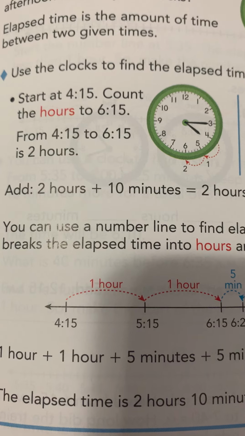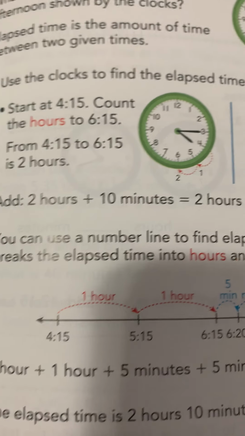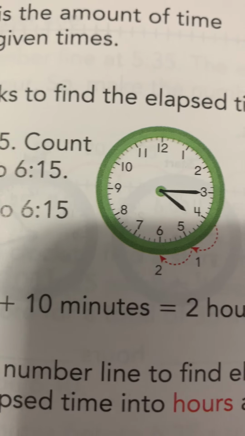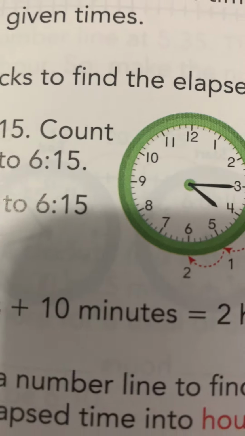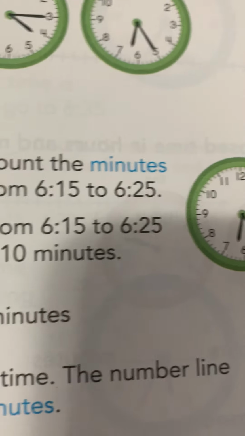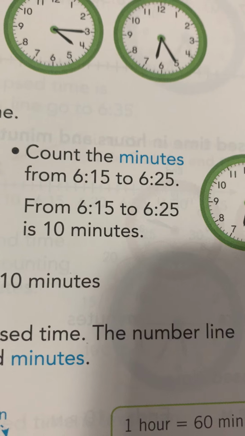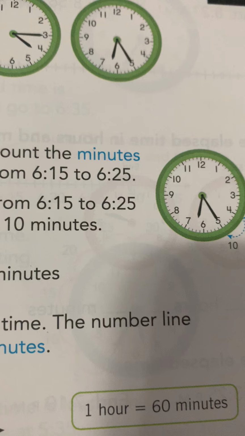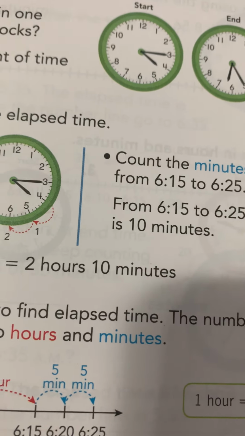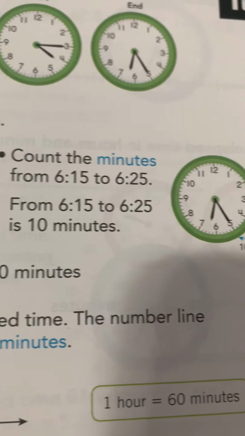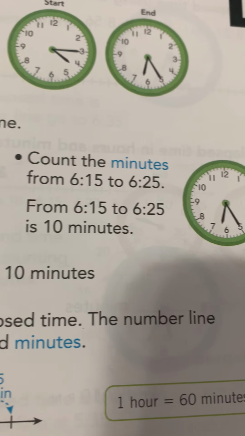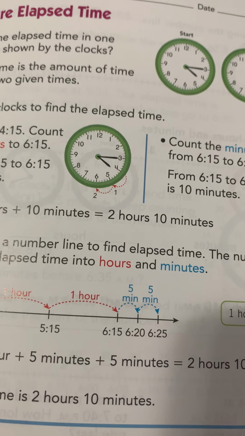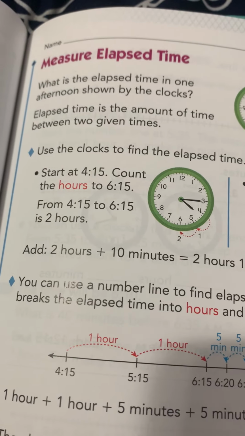From 4:15 to 6:15, it is 2 hours, right? 1, 2, 2 hours. But then we have to count the minutes from 6:15 to 6:25. From 6:15 to 6:25, it is 10 minutes. So if we add 2 hours plus 10 minutes, 2 hours and 10 minutes would be the elapsed time.